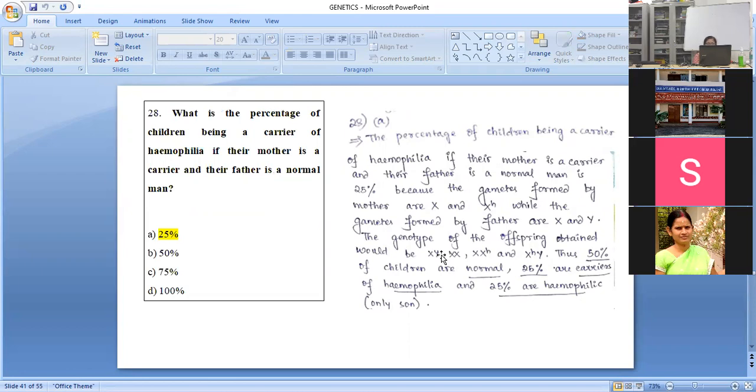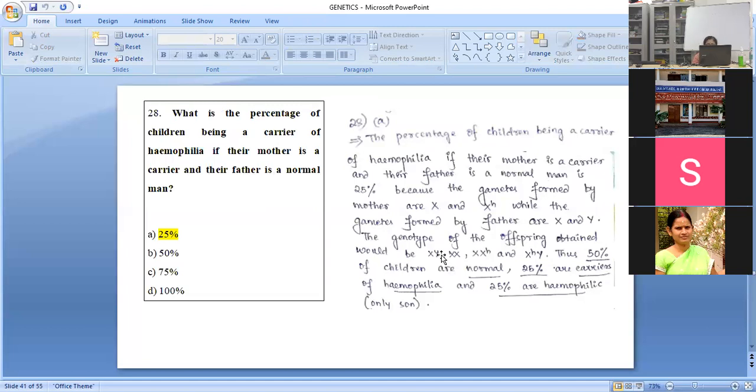So what is the percentage of children being a carrier of hemophilia if the mother is a carrier and father is normal.